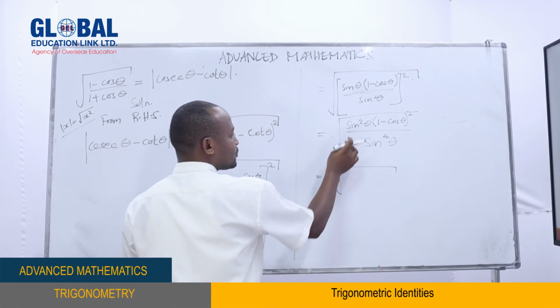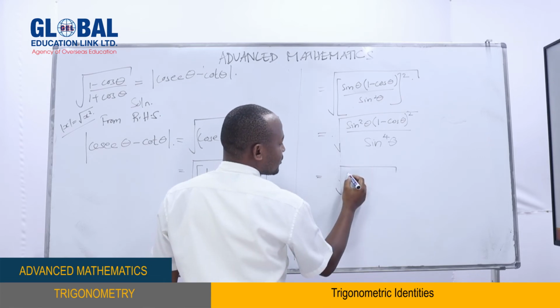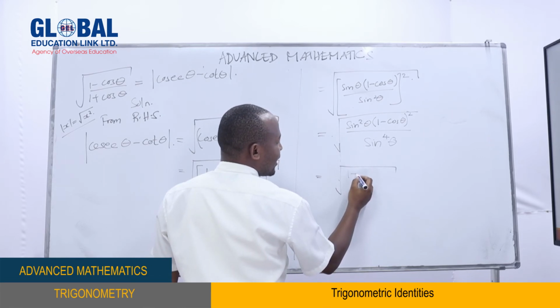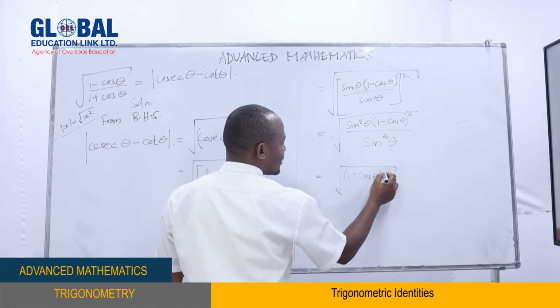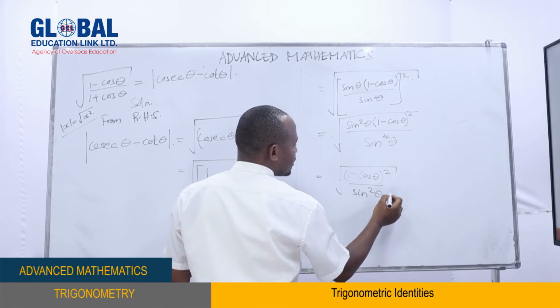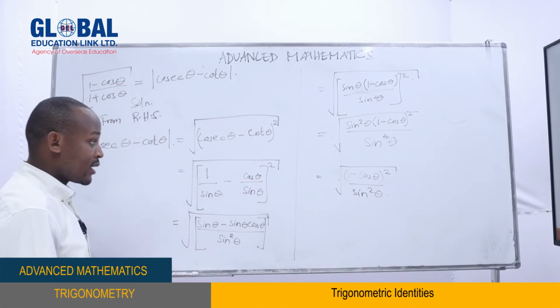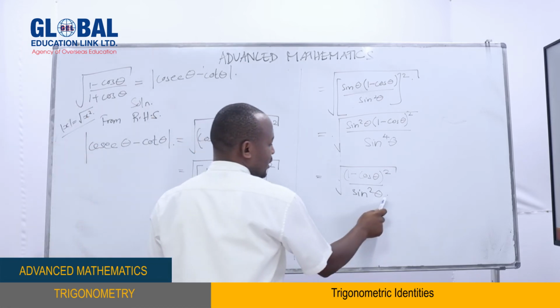the square root of (1 minus cos theta) squared over sine squared theta. Now from there, let's simplify that.